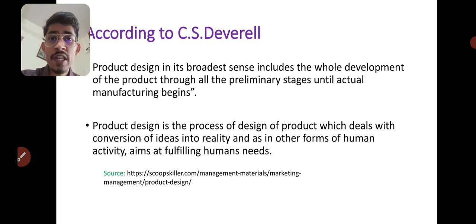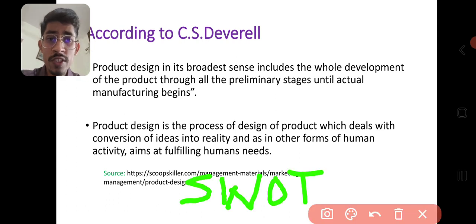So this is a well-defined product design, converting ideas into reality. The source of the definitions I have taken is provided in this presentation, so you can go through this source and find the product design definition there.